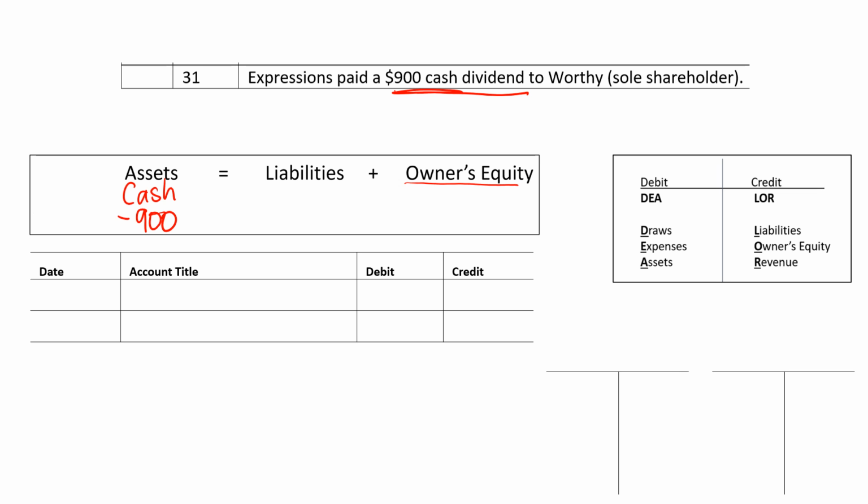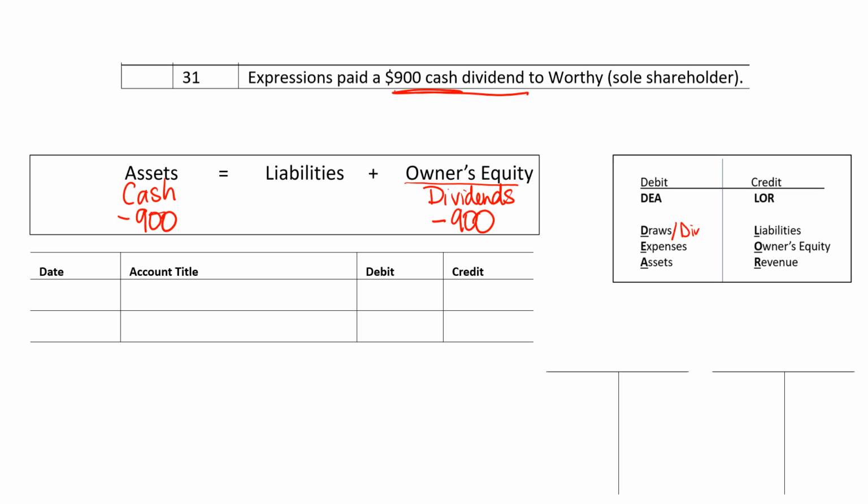Remember, anything that involves the owner putting money into or taking money out of the business is basically one of the main parts of owner's equity. So the account is called dividends. When dividends are issued, they decrease owner's equity. So that will decrease owner's equity by $900. Anytime a dividend is issued, it will always be a debit.